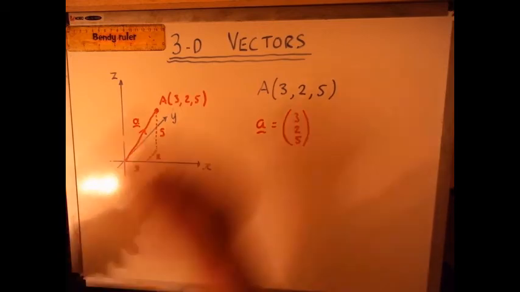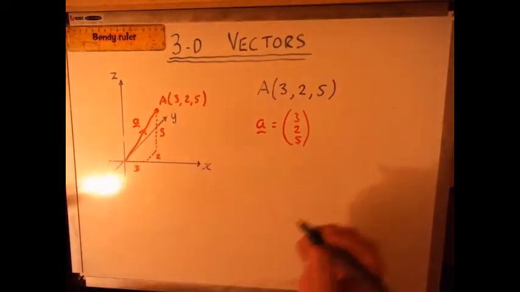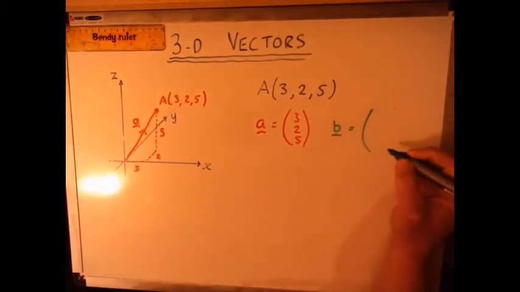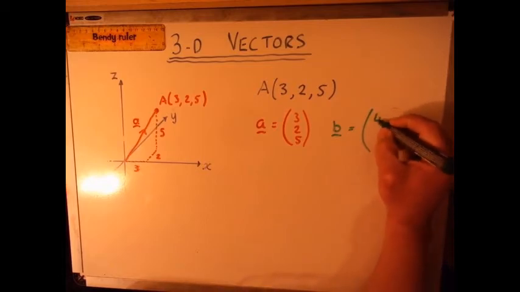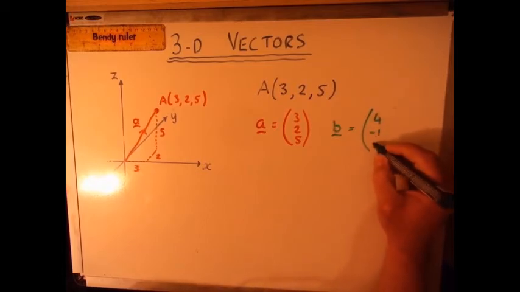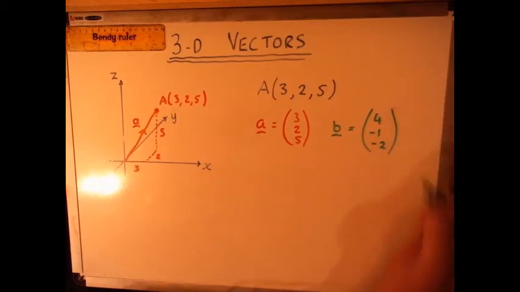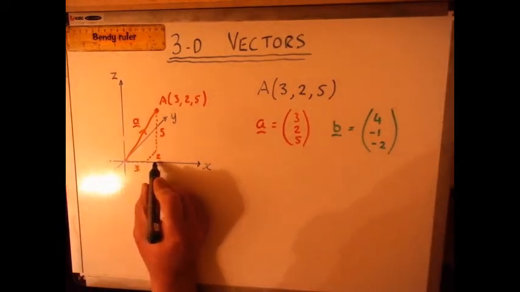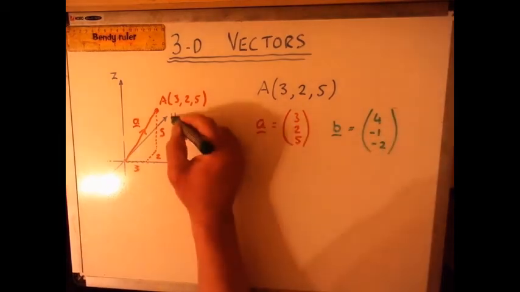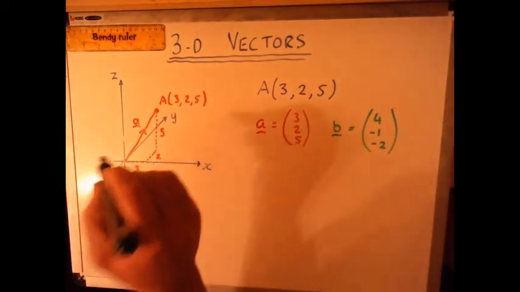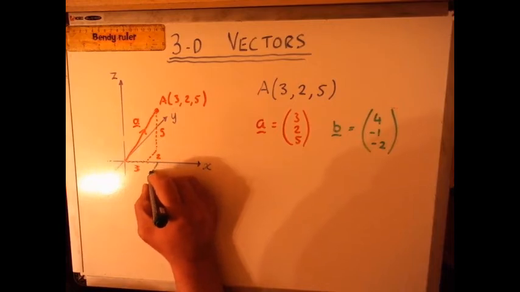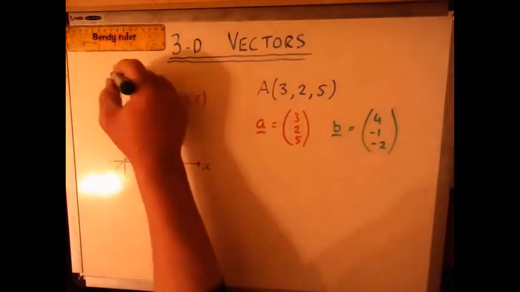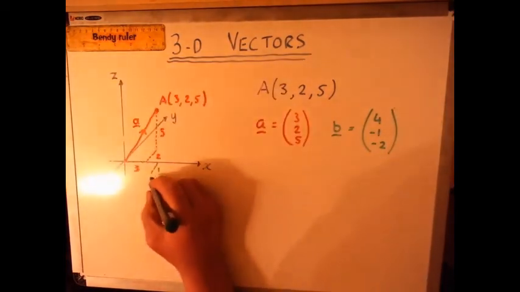So if I had a similar vector, let's see if I've got a green pen handy that works. Say I had another vector B, and maybe it had the components, I don't know, 4, -1, -2. That basically means from the origin, I would be going 4 along. -1 in the Y direction means I'm coming off my board, but we would draw it in that direction. And then -2 in the Z direction means I'm going 2 down.